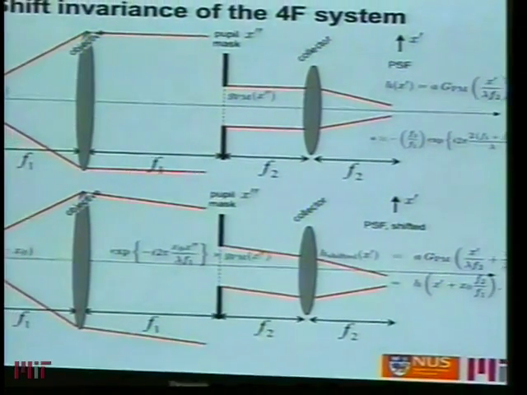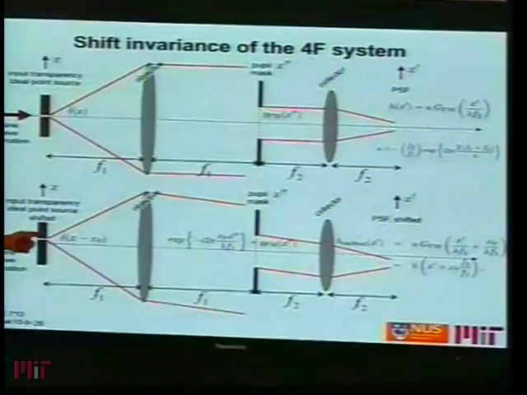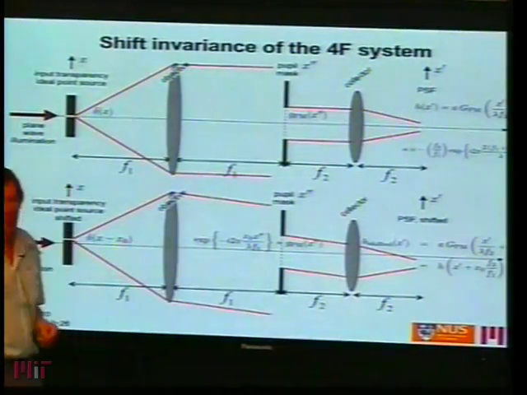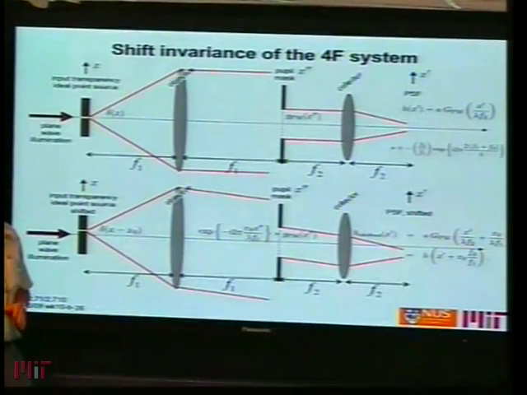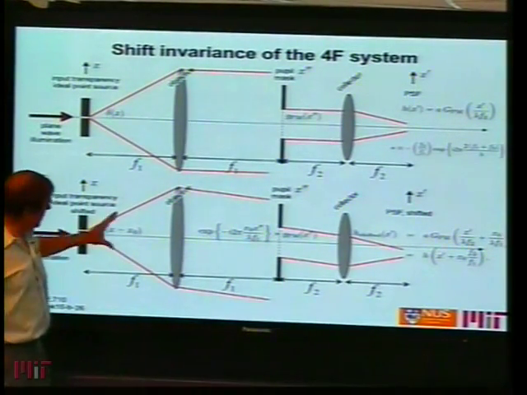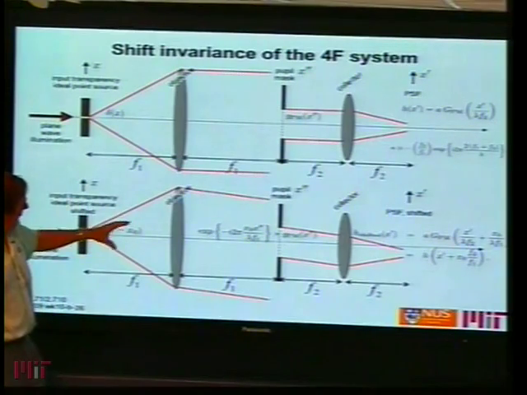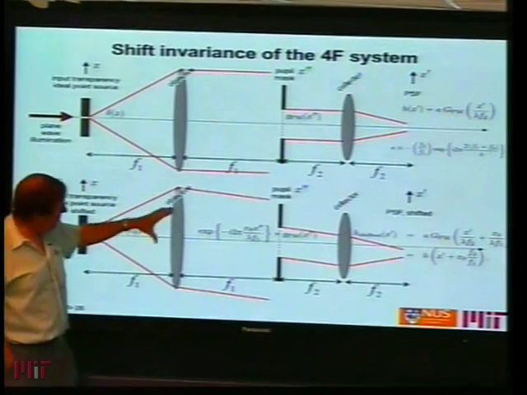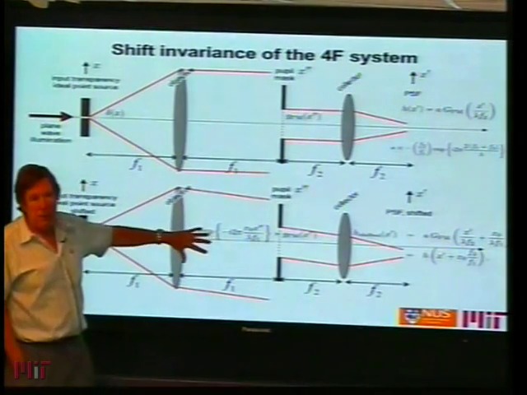Right, now, so what we're carrying on to look at now is what happens if we displace our point object. We move this delta function sideways, and then let's look first of all at just the physical situation of what's happening. This produces a spherical wave, and then when it goes through the lens, you can see that it's going to produce, again, it's going to be collimated into a plane wave.